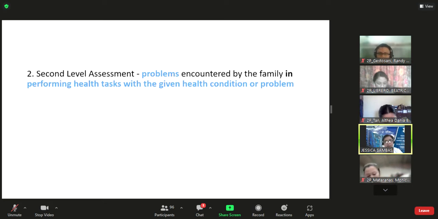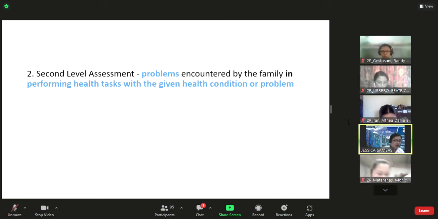So these are the problems encountered by the family in performing health tasks with a given health condition or problem. Okay, the family, as what I have said, they have tasks to do. Okay, now health tasks to do. So in order to maintain the wellness of the family members. However, they failed to do it. Now, we are going to identify what is the reason of the said failure to do it.